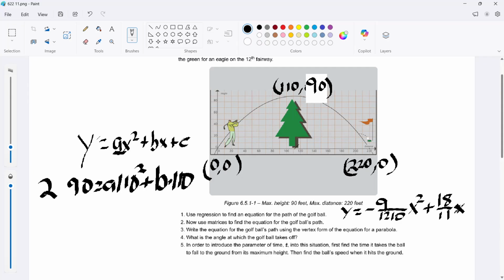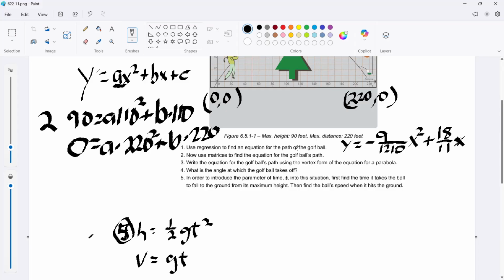And then my last equation: 0, that's the y value, equals a times 220 squared plus b times 220.